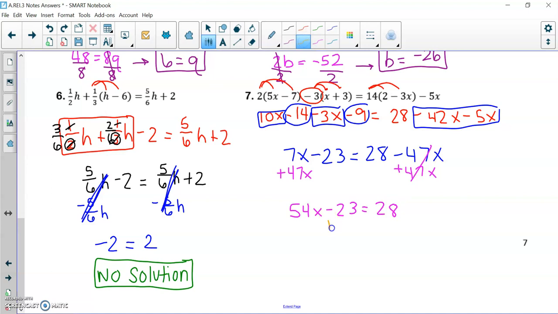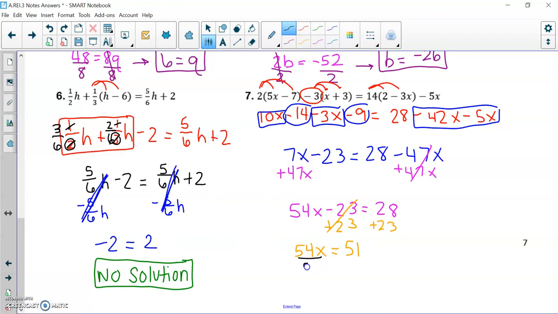And now I'm going to add the 23 over. So I wind up with a 54x is equal to a 51.